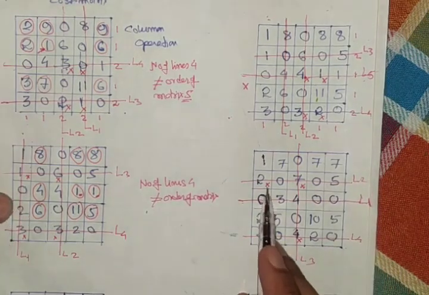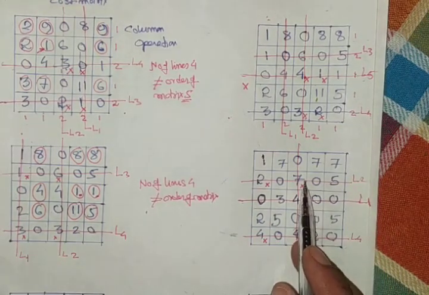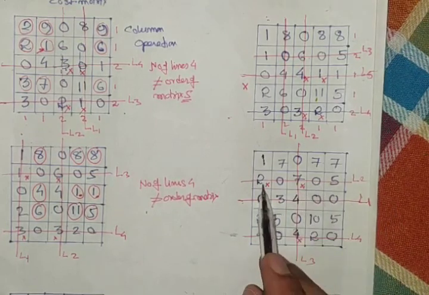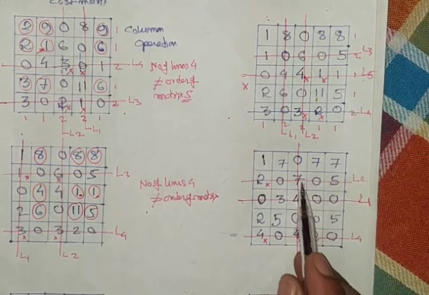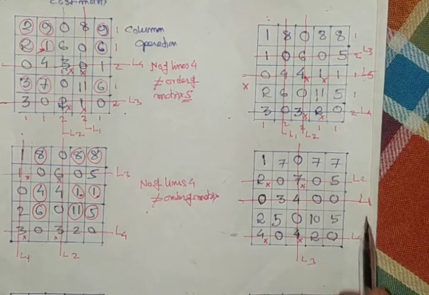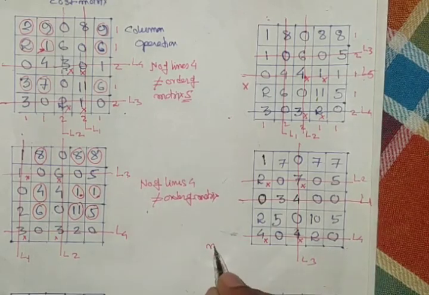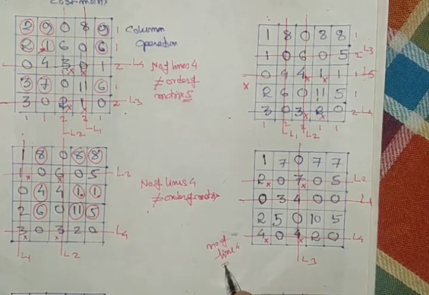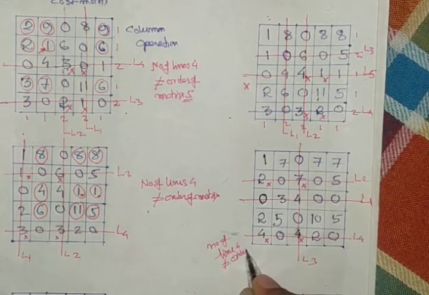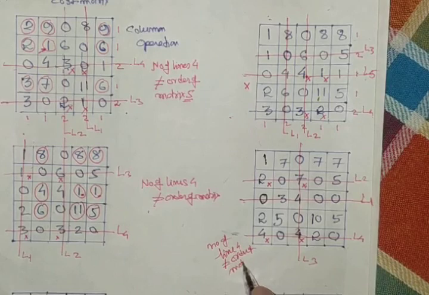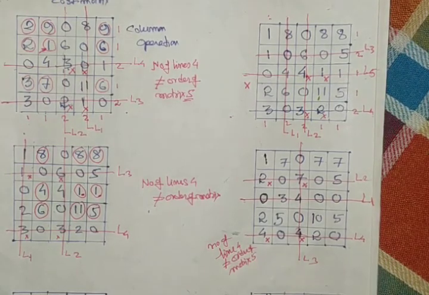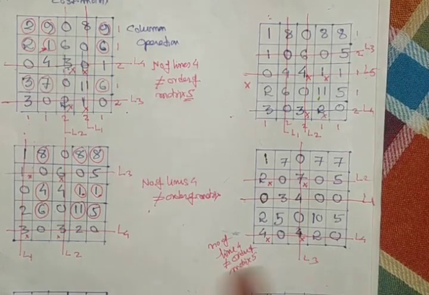So if you observe here, the zeros, this one is covered, these all are covered now. So the number of lines, 4, is not equal to the order of the matrix, which is 5. Again you have to perform that operation.